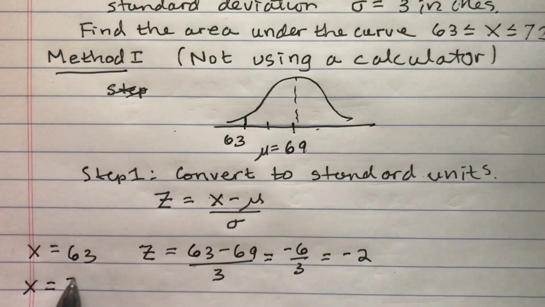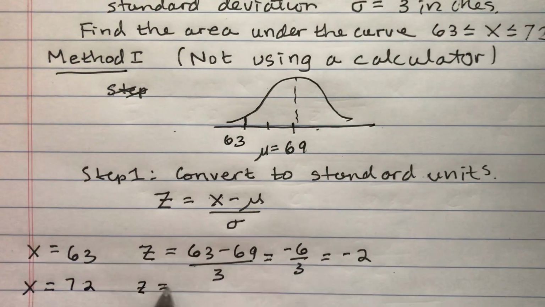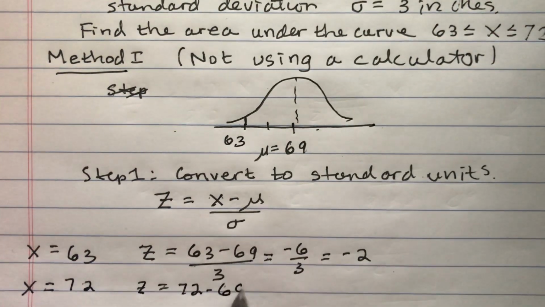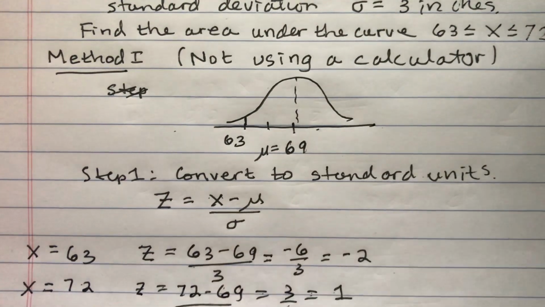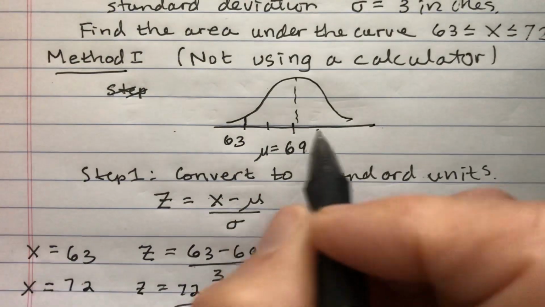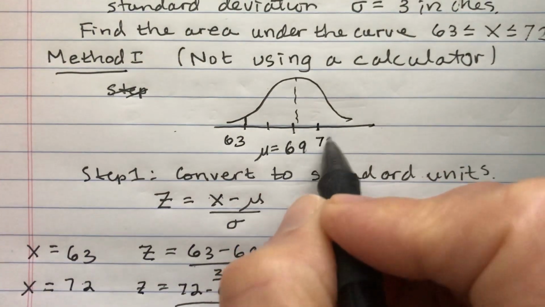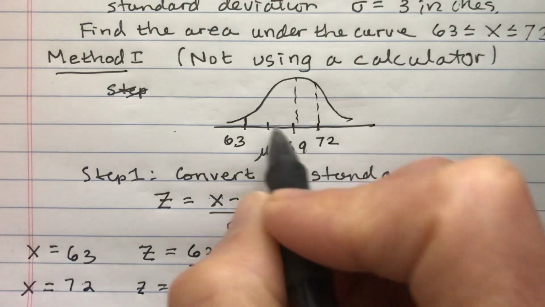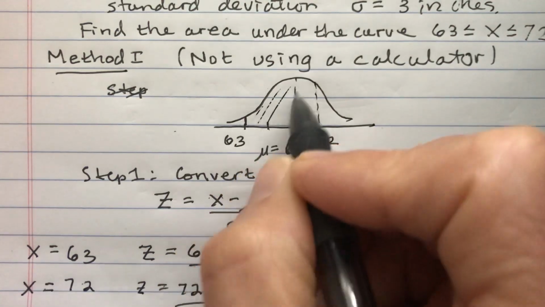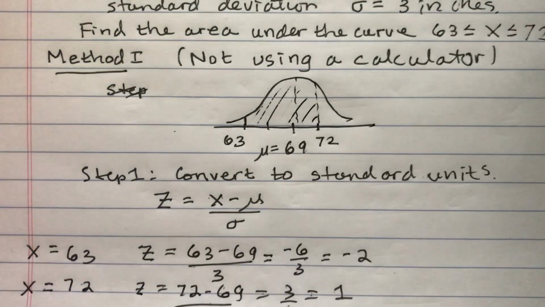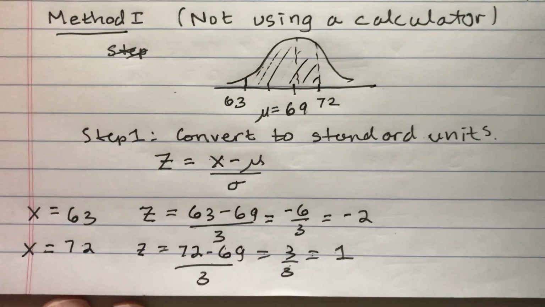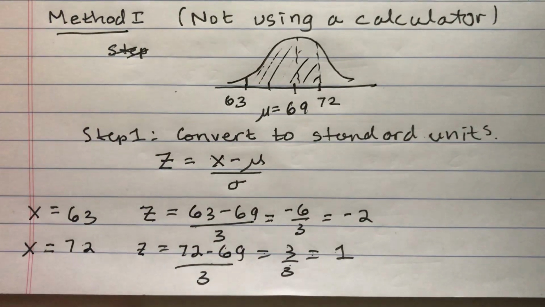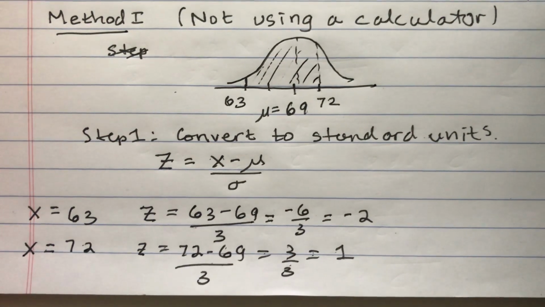Now, if I look at 72, I get z equals 72 minus 69 over 3, which is 3 over 3, which is 1, and that gives 1 standard unit, which is 1 standard deviation. And so 72 is right here. And so what we're trying to do is find this area right there. Now, it's true without a calculator, this might be a bit of a challenge, but we're going to do it.